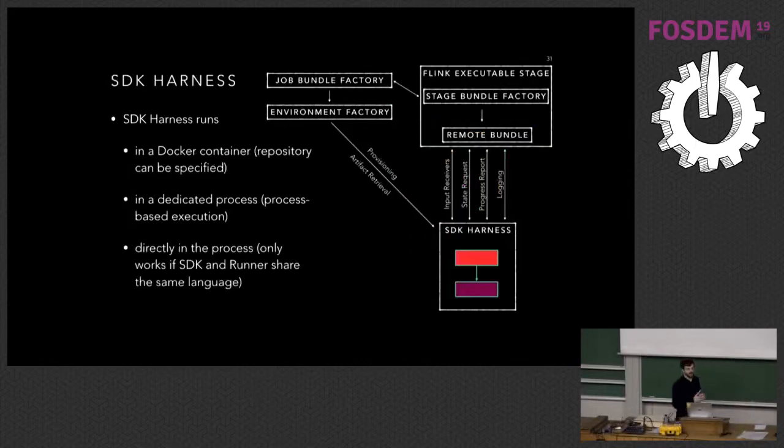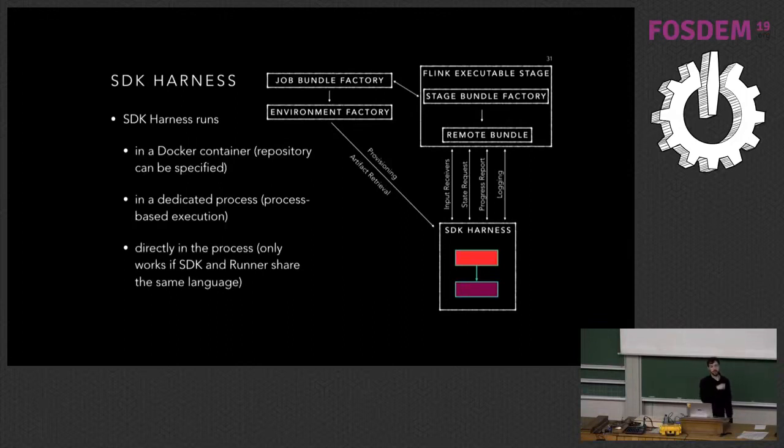How does the SDK harness work? So first of all, the SDK harness needs to be bootstrapped somehow, right? So what we typically do is we use Docker. So we have an environment which contains all the dependencies like my TensorFlow or my NumPy, and use this Docker image directly. We can specify that in the options.